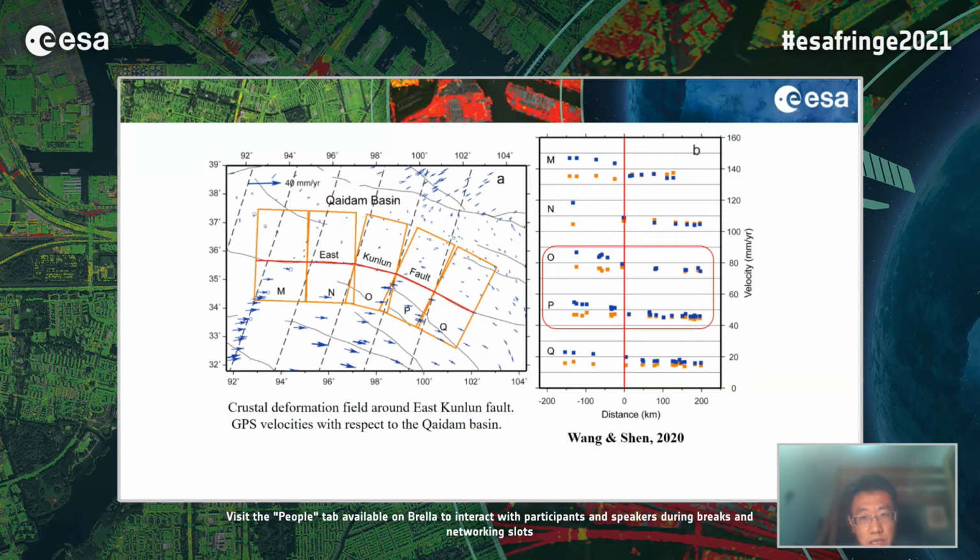This displacement gradient reduces from west to east. The earthquake occurred just between O and P, profile O-P. So you can see across the Kunlun fault there is a displacement gradient, just fault parallel.